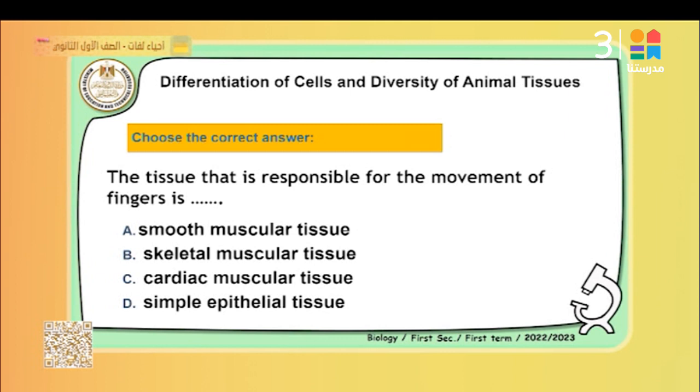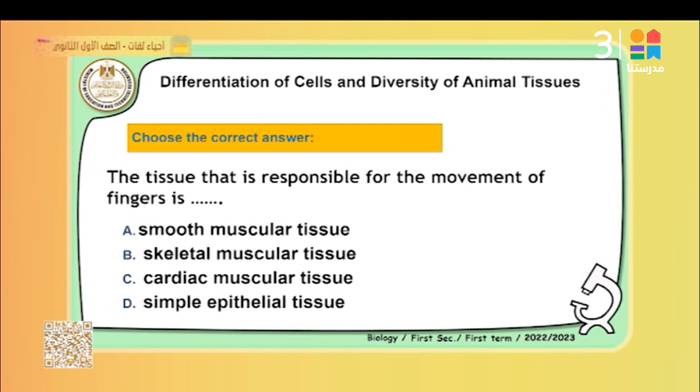Choose the correct answer. The tissue that is responsible for the movement of the fingers. Your fingers, toes or digits, in the upper limb or lower limb. Who is responsible for movement? Smooth muscular tissue? No, it can't be moved at will. Skeletal muscular tissue? That's right. Why? Because it is controlled at will.